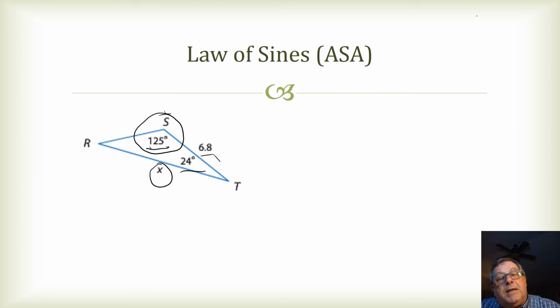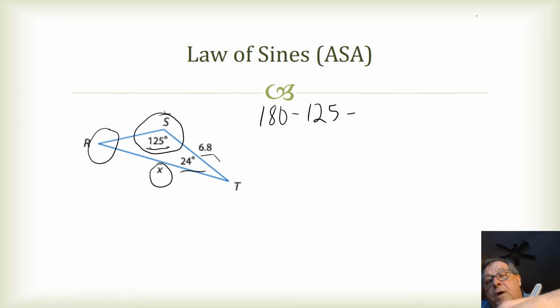And I'm not given the measure of R, but once again, I can find it by 180 minus 125 minus 24, which is the angle T. Oh, I put that in wrong. 180 minus 125 minus 24. So my angle R is 31 degrees.